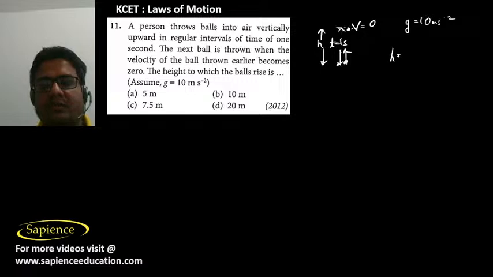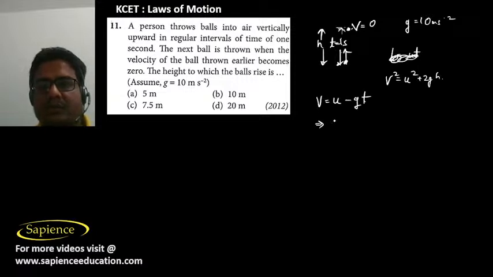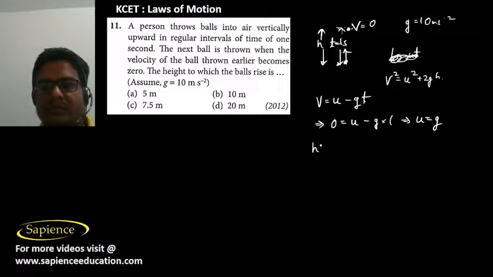Using v equal to u minus gt, 0 equals u minus g into 1, so u equals g. Therefore h will be equal to v square minus u square by 2g, where v square is 0.